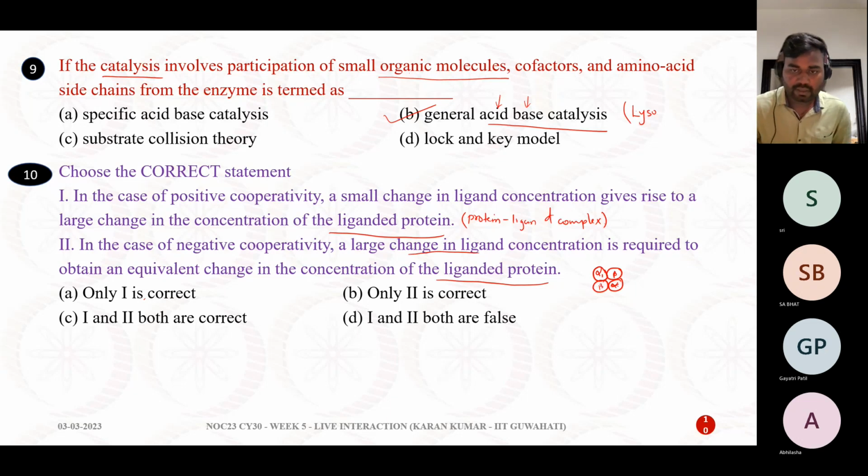Sir, my voice is not going to you, that's why I disconnected. I think only one is correct. Only one option is correct. Okay, anyone else? Who all are in favor of only one correct?